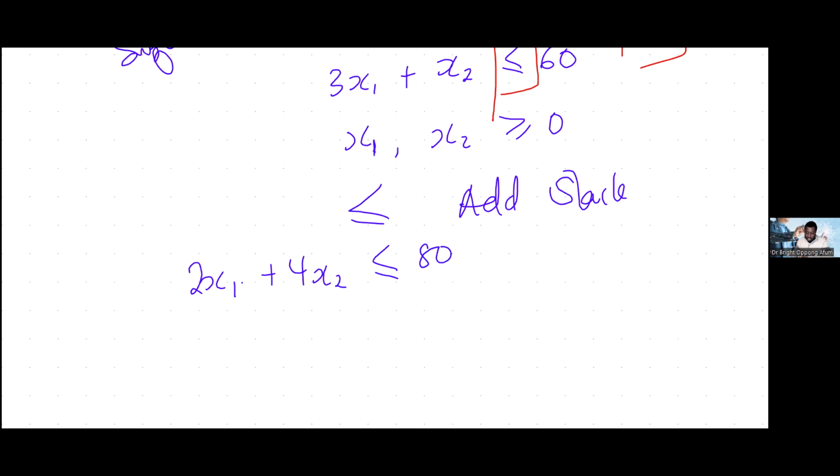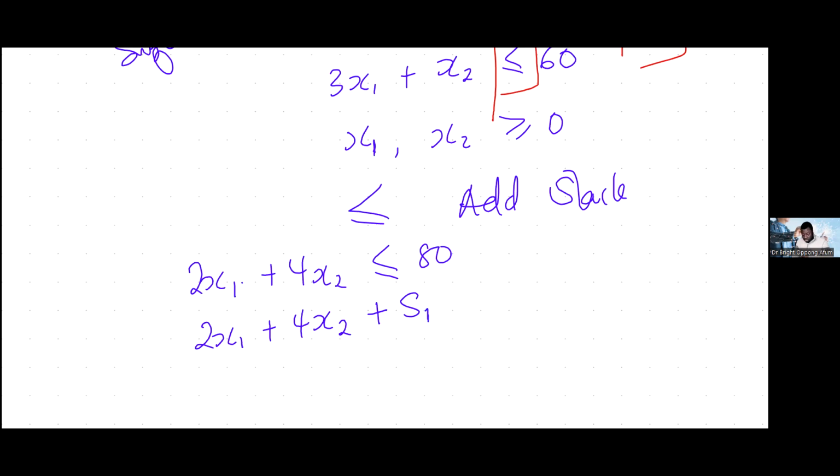What we do is add a slack variable because of the less than or equal to sign, and therefore to augment this it is 2x1 plus 4x2 plus a slack variable. Let's use s, and because we are introducing it for the first time, we will say s1.